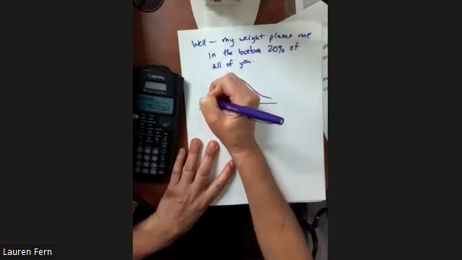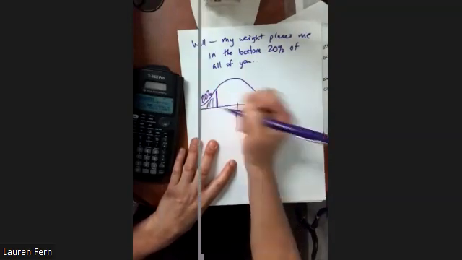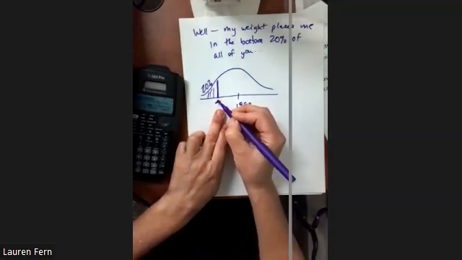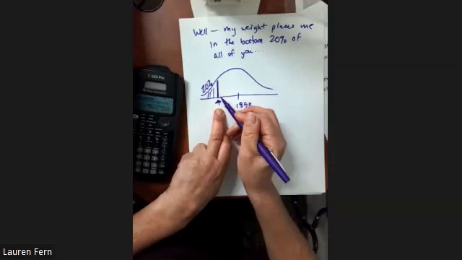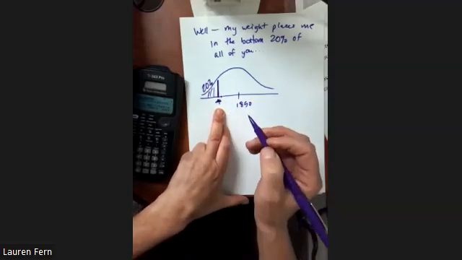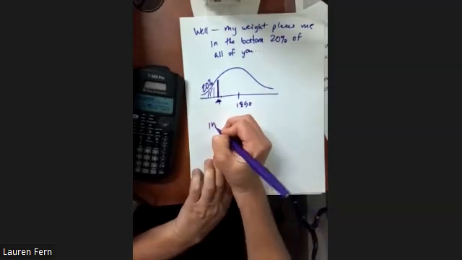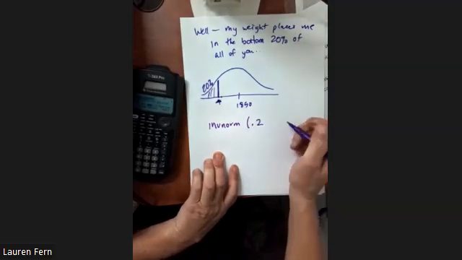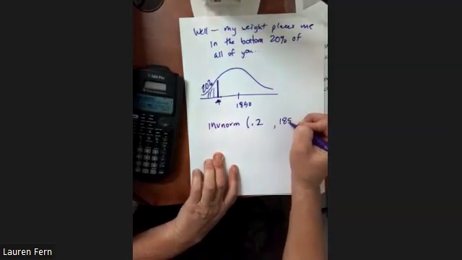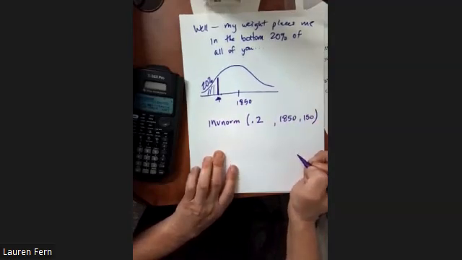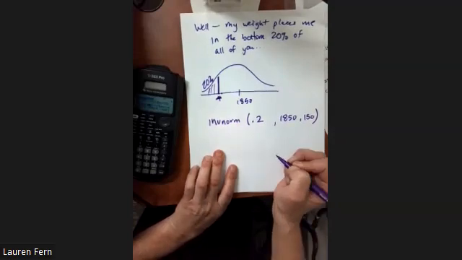Now we want the bottom 20%. And what we're looking for is this cutoff value. So kind of what's the most she can weigh to still be in the lowest 20%. Again, you still put the area to the left. So you would do inverse norm 0.2, 1850, and then 150. Does that make sense? Okay.